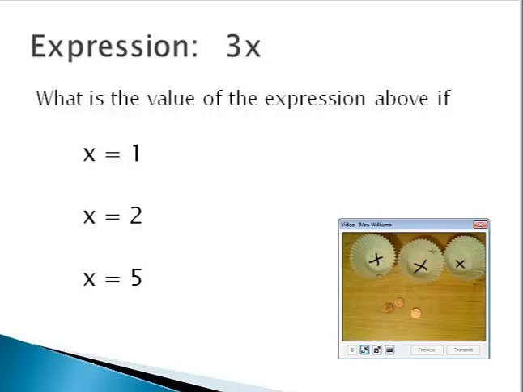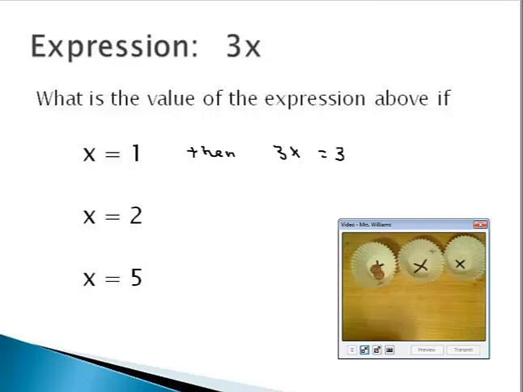And if x equals 1, then 3x is equal to 3, because we have 3 pennies there. Okay, let's try it again. Next we have what is the value of the expression above, 3x, if x is equal to 2.